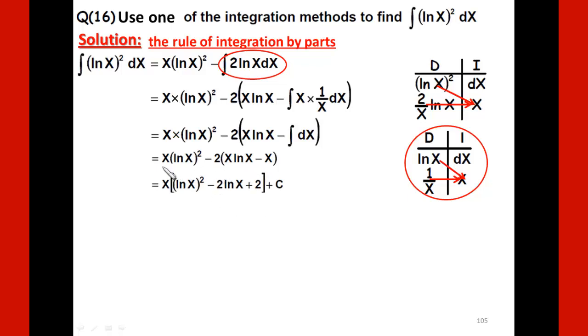We notice that x is common in the three terms, so we take it out, and the final result will be x multiply (ln x) power 2 minus 2x minus 2 ln x plus 2 plus c. After you take x out, here will be 1, negative 1. Negative 1 multiply negative 2 equals positive 2.